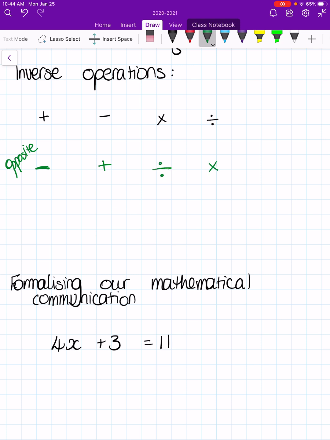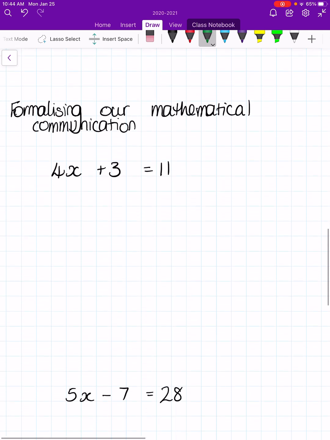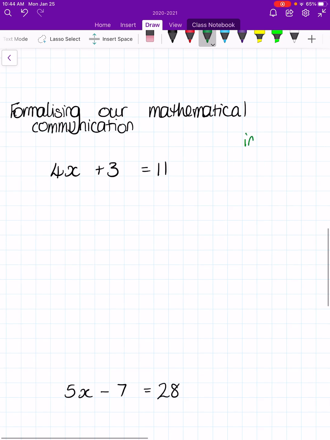We can take that idea and formalize our mathematical communication, because having to write out these long chains all the time might work for these equations, but for more complicated examples, you're going to need to use inverse operations, but also use them to balance out our equations.